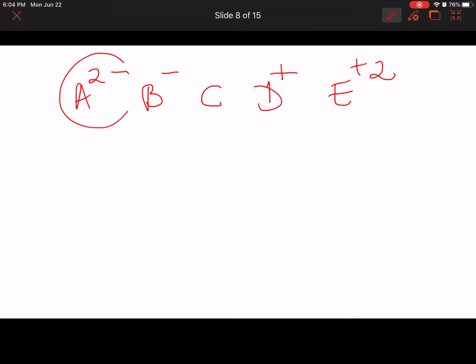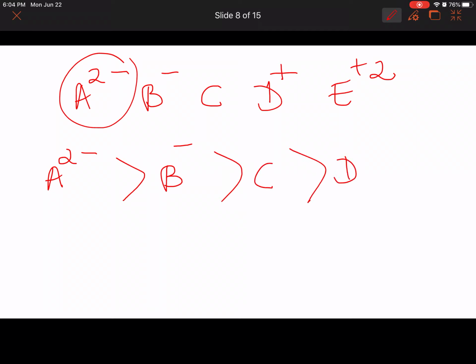The biggest negative ion would be the biggest ion, so A2 minus would be the biggest, then B minus, then C, then D plus, and then E2 plus would be the smallest.